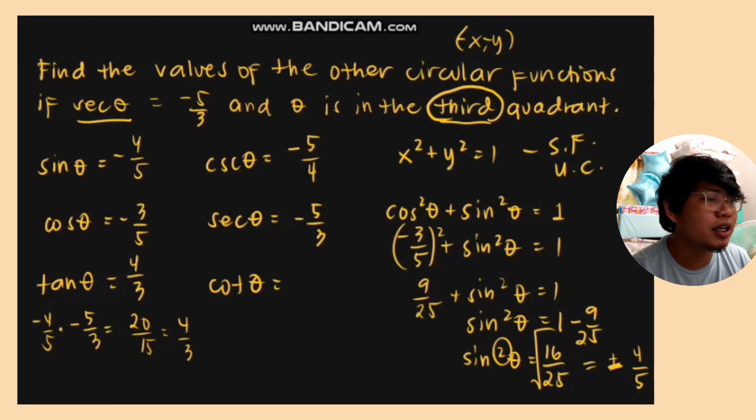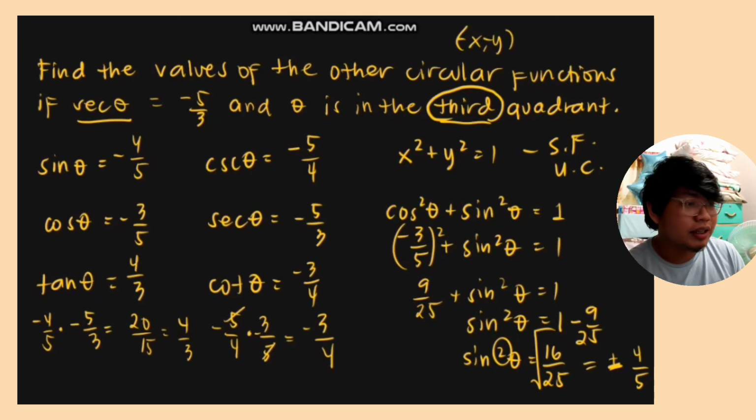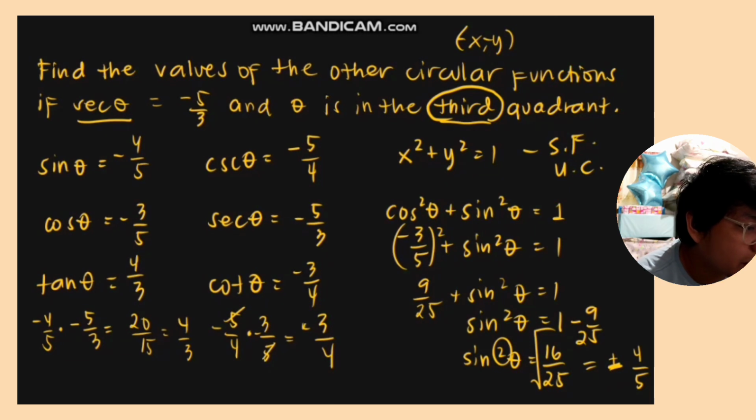And for cotangent, reciprocal lang din. We have negative, sorry, 3 over 4. Ayan, positive na pala siya, kasi parehas negative, negative, so positive na siya.